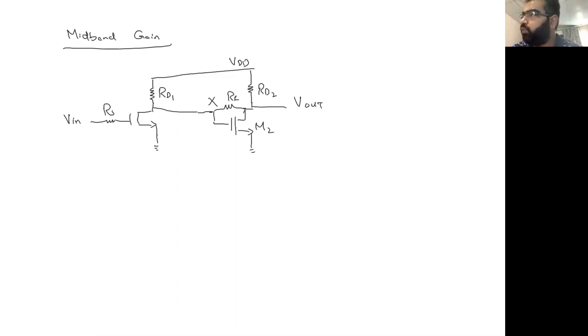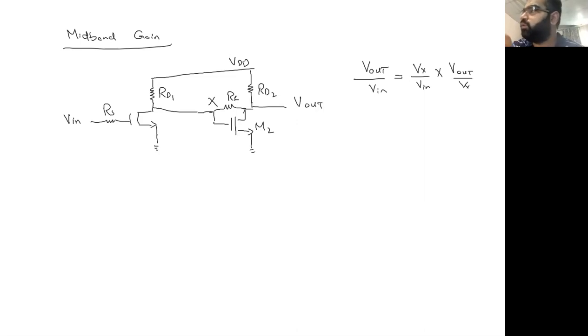Okay, so we need to find the output configuration. If we want to do a little bit of analysis, we just saw that this R int is the input resistance being seen from this point. So we can find V out by V in, which will be equal to Vx by V in times V out by Vx.